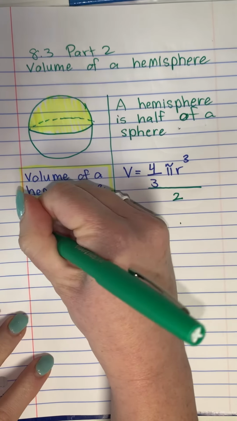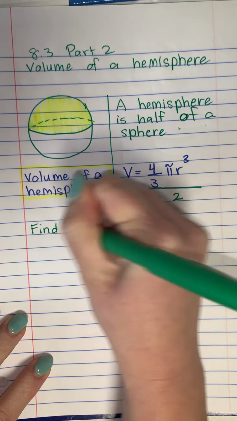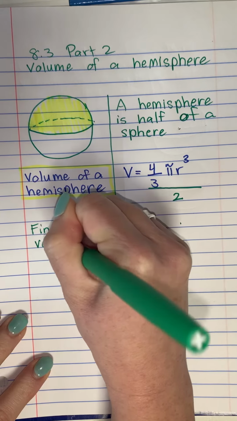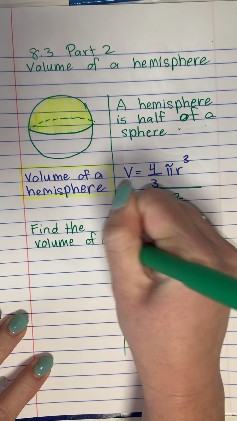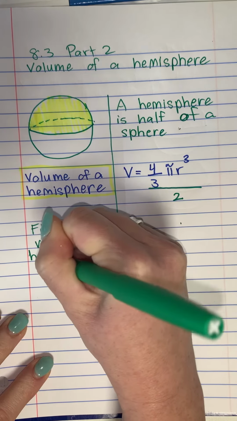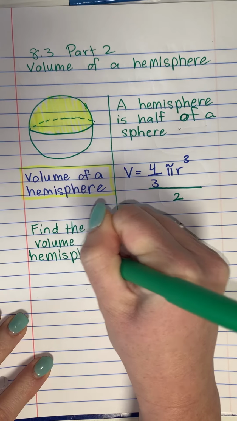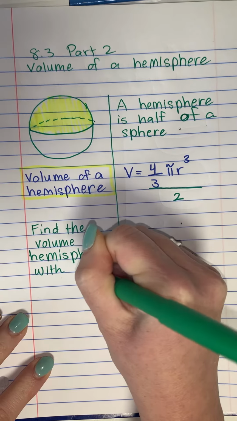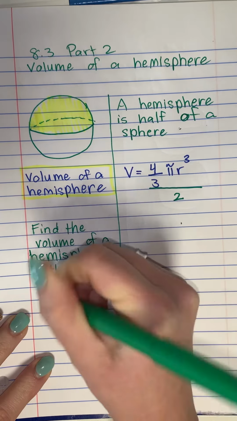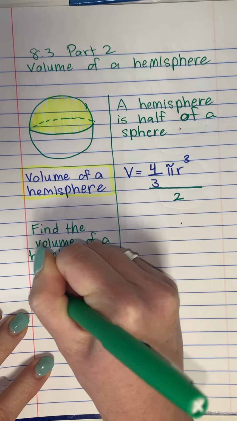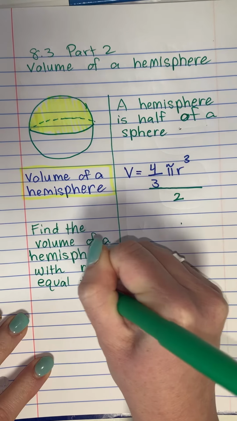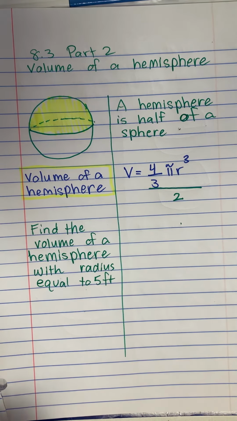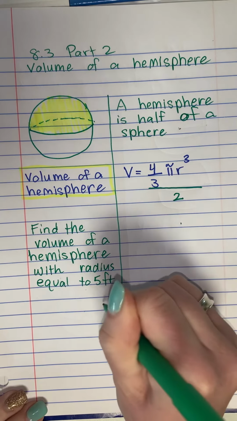Let's find the volume of a hemisphere with radius equal to 5 feet.